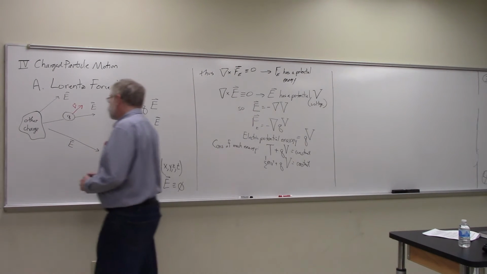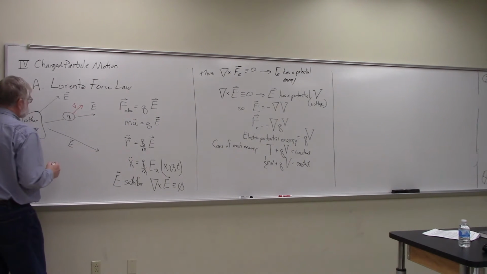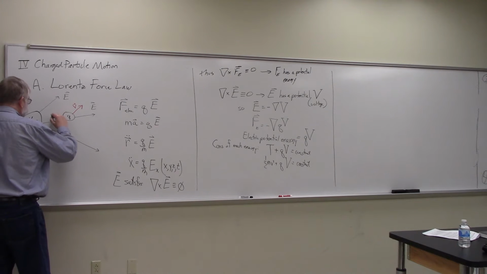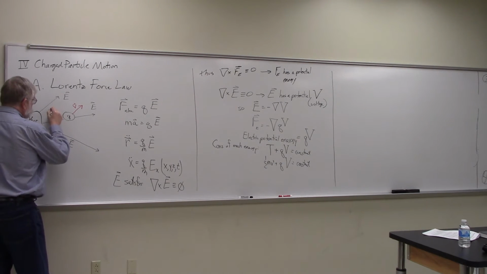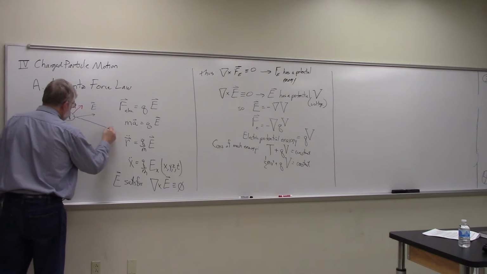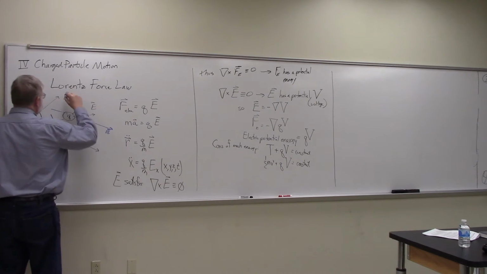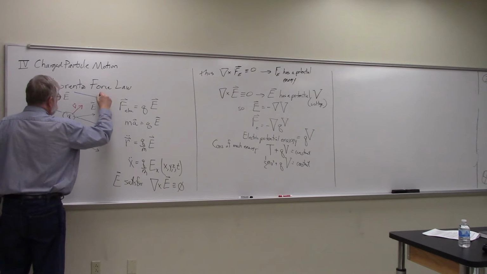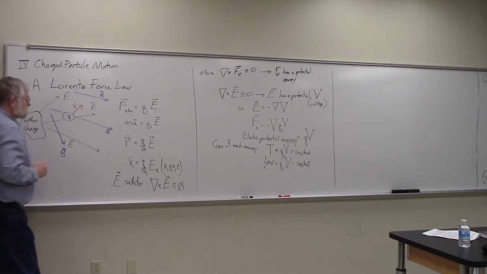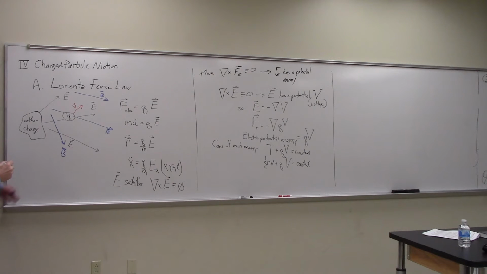But if in this same region there happens to be a magnetic field, let's say that points like that, and maybe points this way, and maybe points that way, somewhere else. And how would that magnetic field get there?